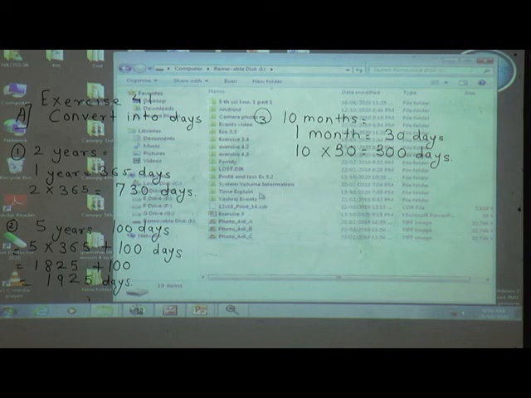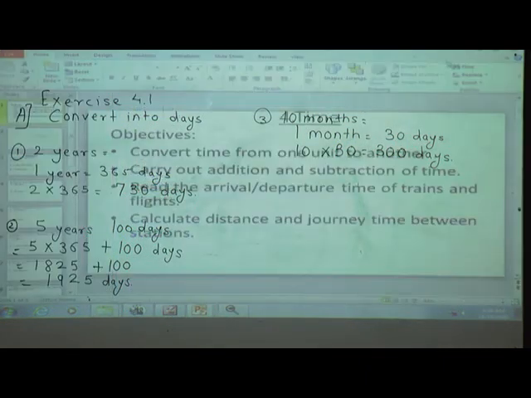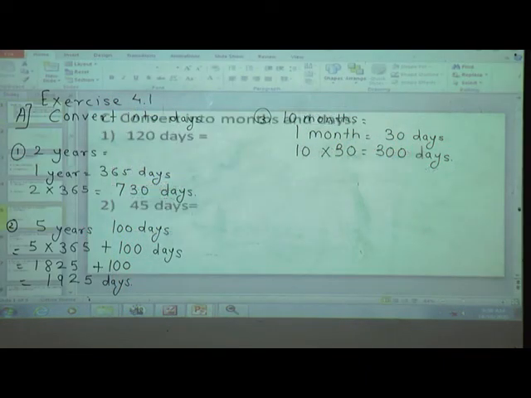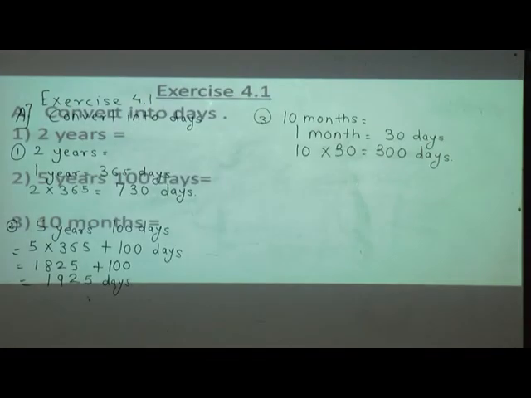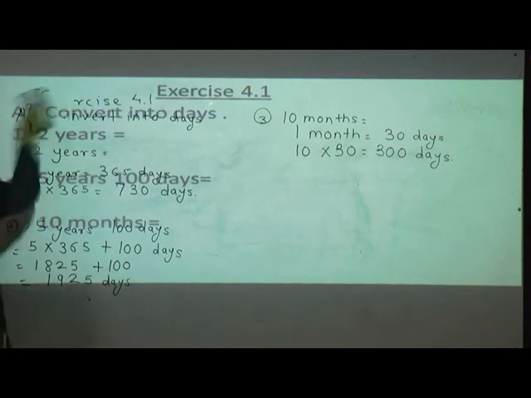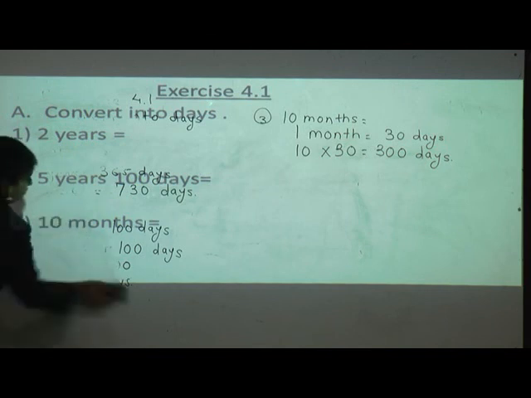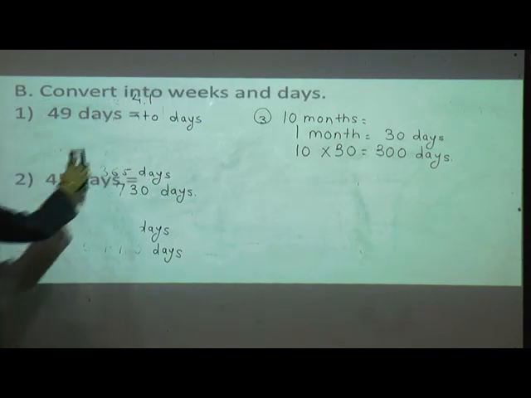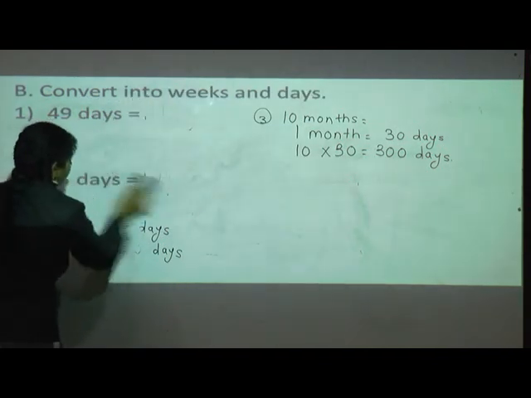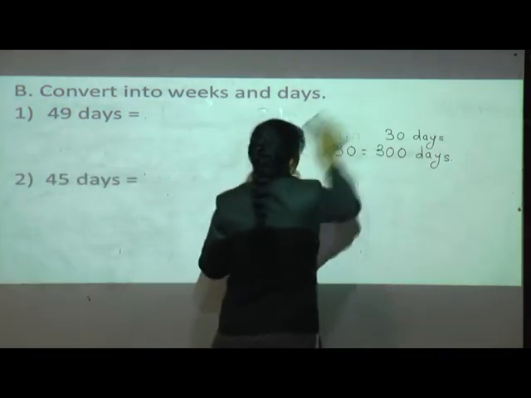Just now we have solved this question number A. Now we will solve question number B. Convert into weeks and days.